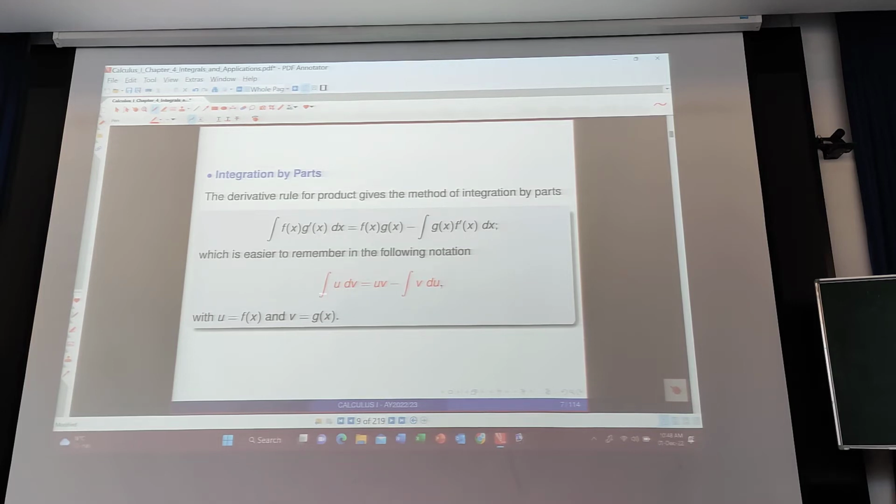That is, from this formula I just explained, when you have the integral in such a form, not easy to compute, then you can change to the other form with the derivatives of f and g swapped. Okay? So integration by parts means from this part, you can change to that part to integrate.